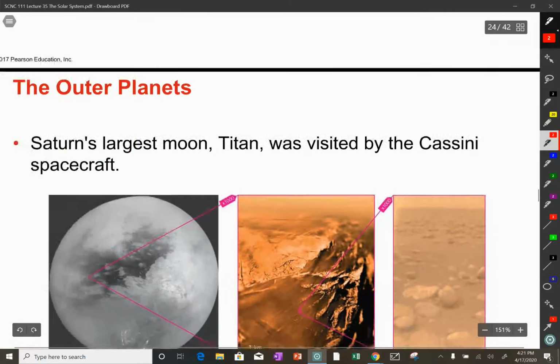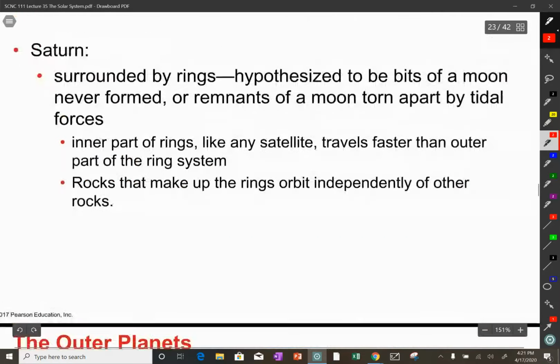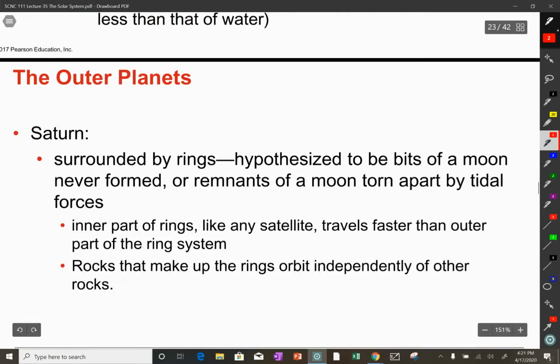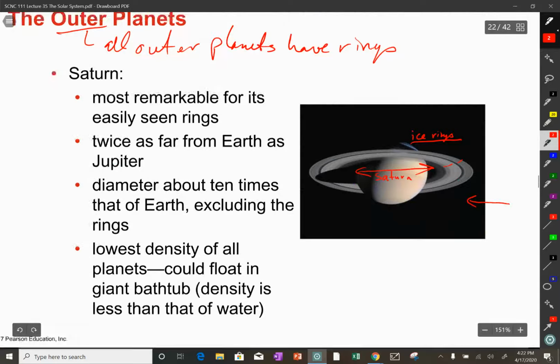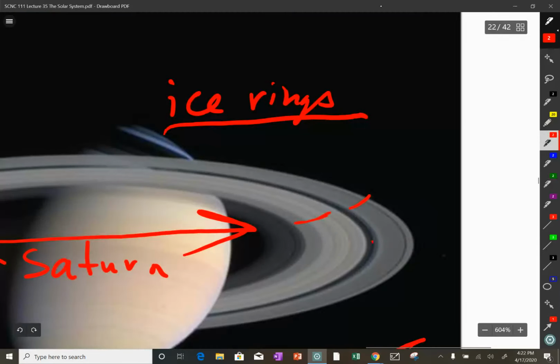We talked about that. I should mention, rocks that make up the rings orbit independently of other rocks, and these gaps are caused by moons. You have 2 actual situations. You have orbital resonances, and you have moons that pull material into it.